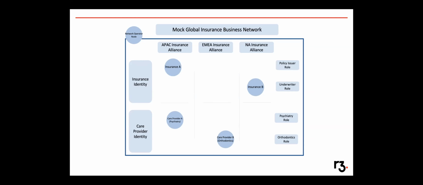For example, we can code our flow saying that you can only issue an insurance if you are a policy issuer. That means insurance B, care provider A, and care provider B cannot trigger the policy issuance flow.